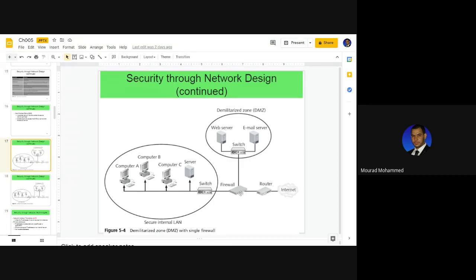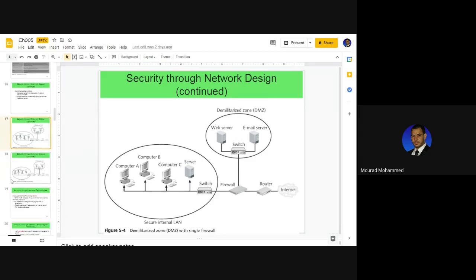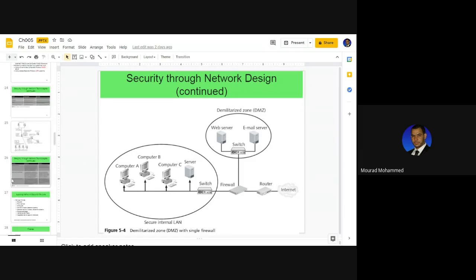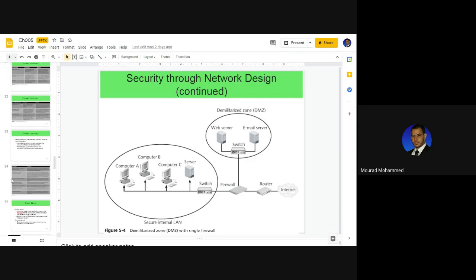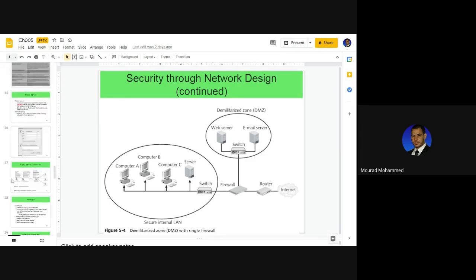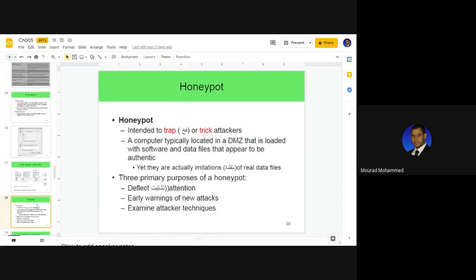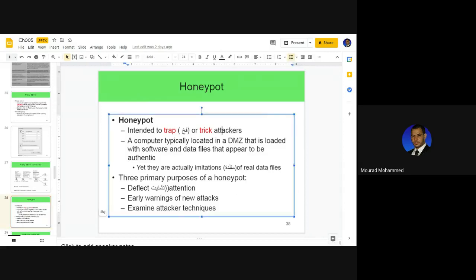Because any attacker who tries to get in here will be captured immediately. Because this honeypot is to trick and trap. Trick and trap what? Any attempt from any external or non-legitimate members.